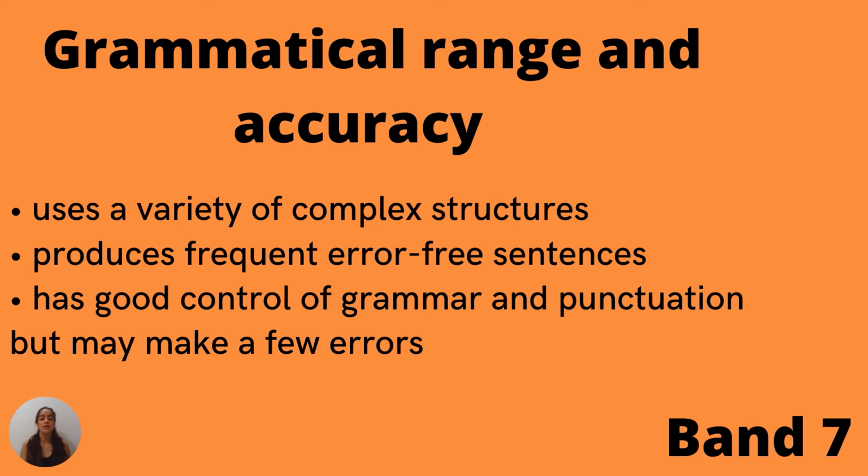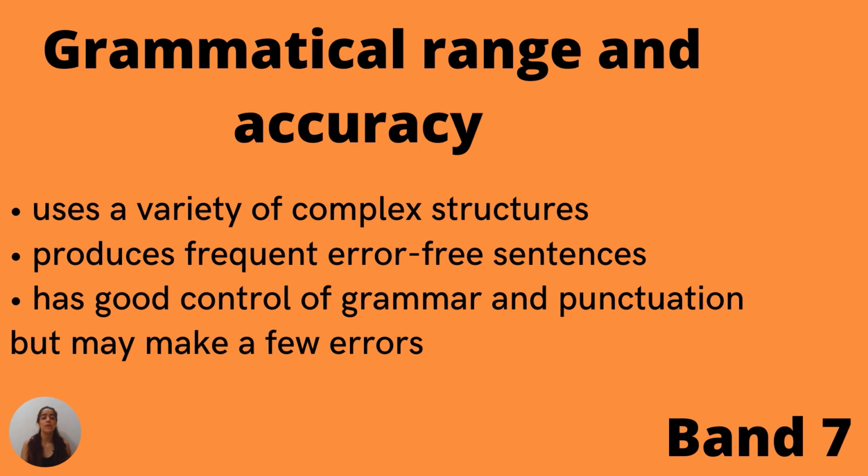I will make another video telling you about complex structures and different ways with the help of which you can form and make different kinds of complex structures, so that you will use and employ more complex structures in your writing very naturally. Produce frequent error-free sentences.